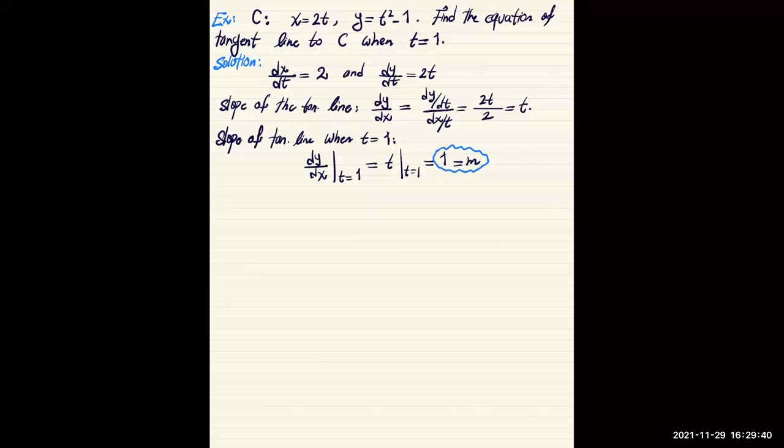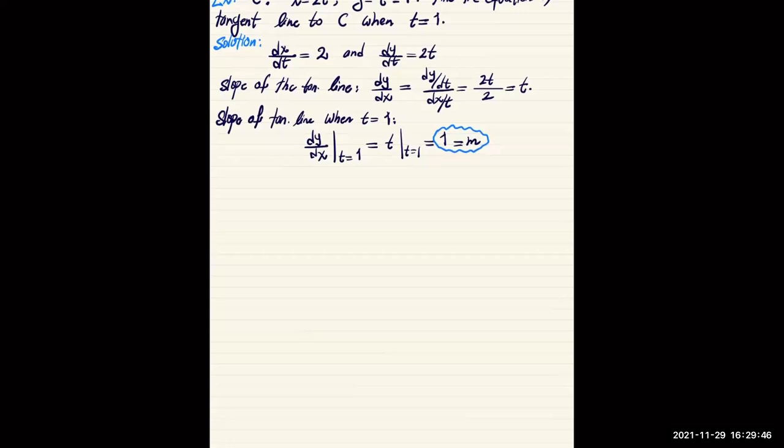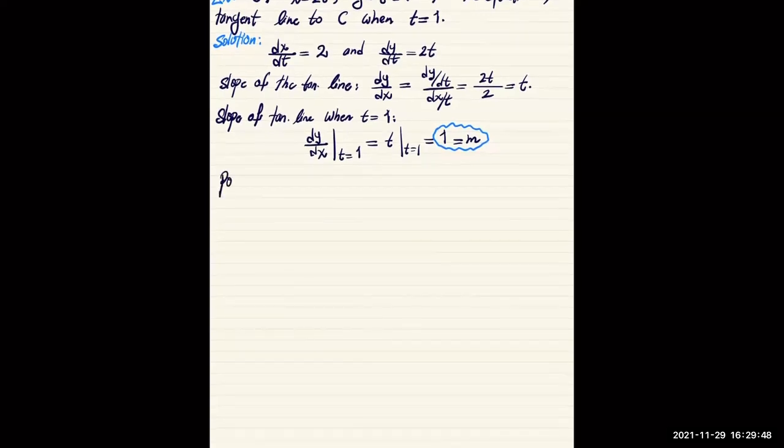Now to find the equation of the line, you also need the point, the point of tangency on C when t is equal to 1.